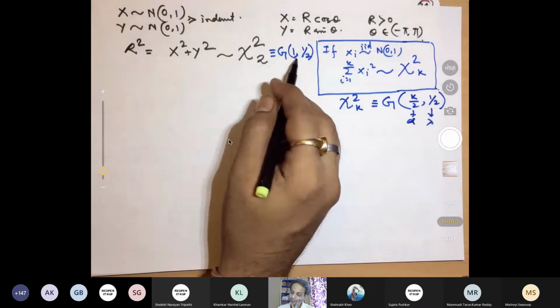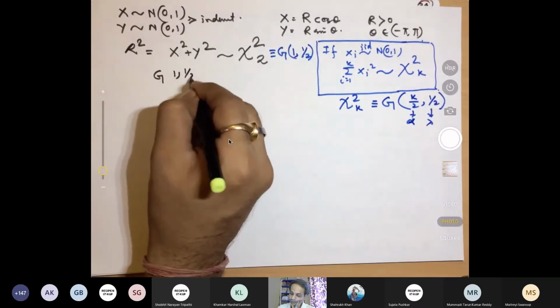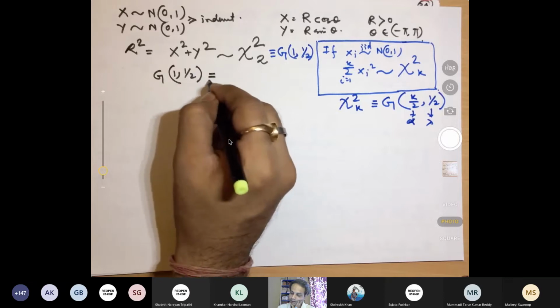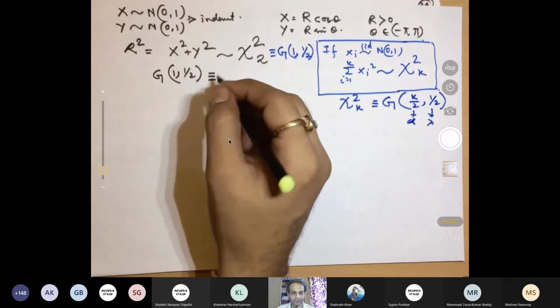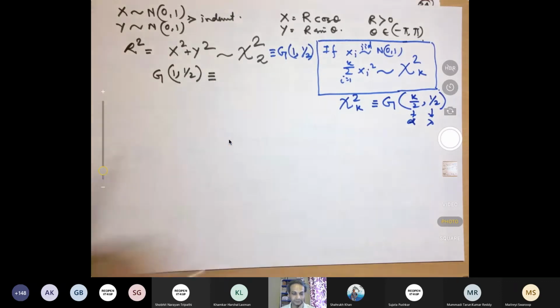Now, if it is gamma 1, half, that is equivalent to what distribution?